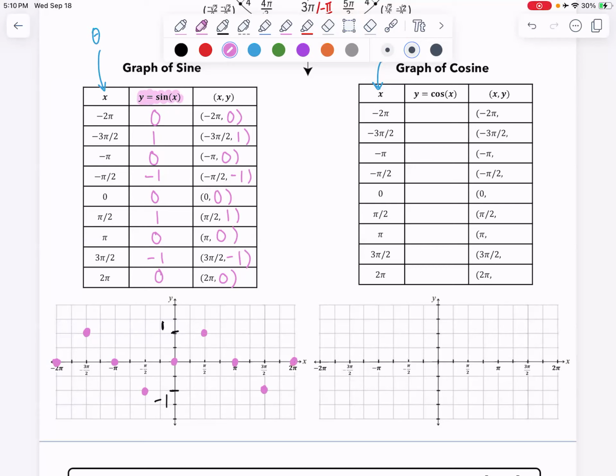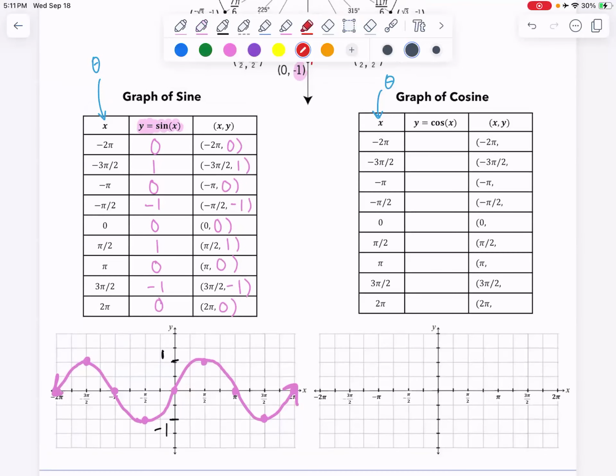And 2 pi comma 0. So you get, depending on how good of an artist you are, of which I do not claim to be, I am not an artist, but there we go. It has a little wavy shape, which is interesting. You may have heard of sine waves. That's what's going on there.